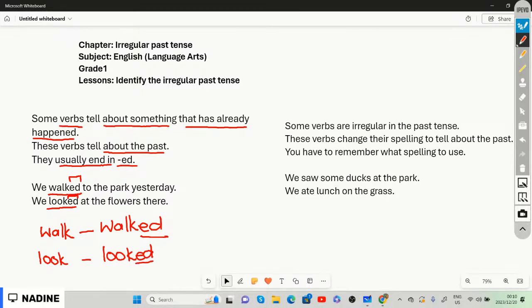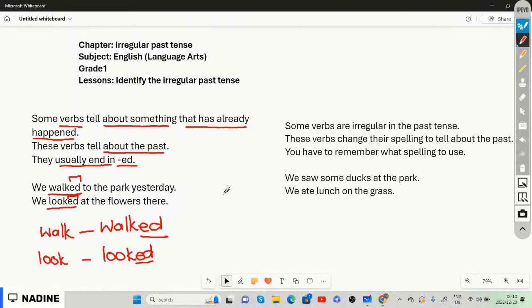And there we have the ed. There are quite a few other examples that we can think of, but at the moment, those are two of the examples.